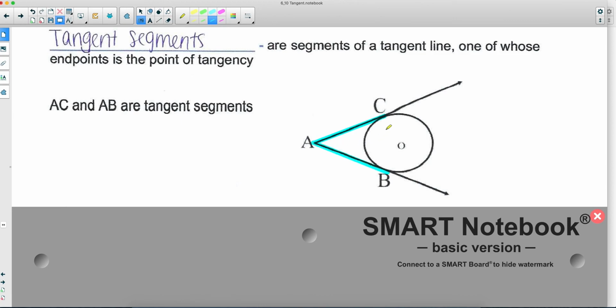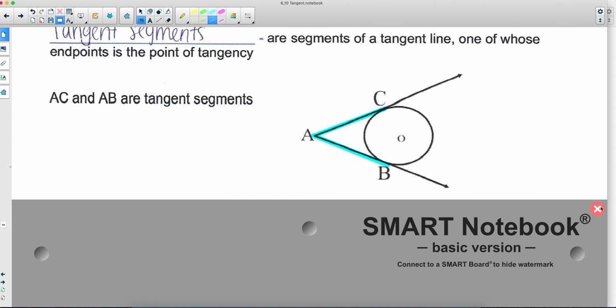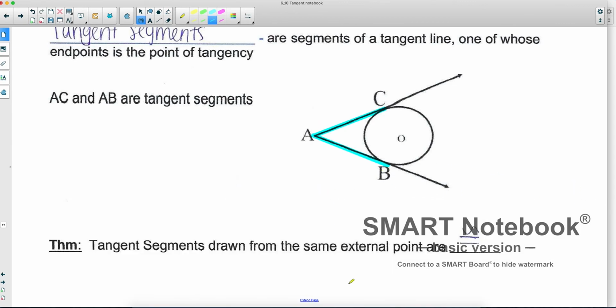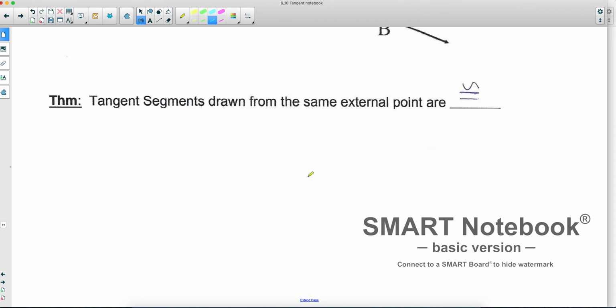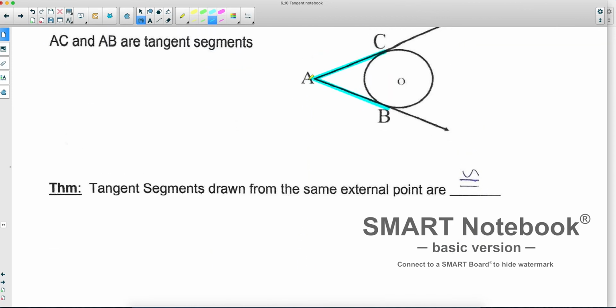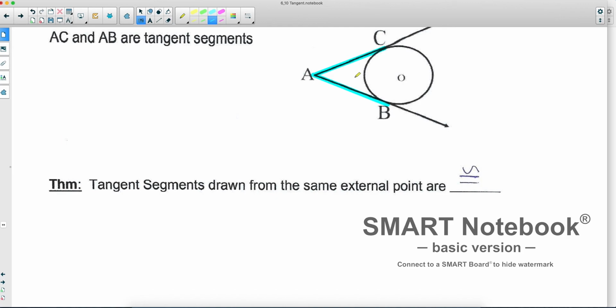Do you notice anything about AC and AB? They both share A as the external point, and they're both tangent to the same circle. When that happens, there's a really cool theorem: any tangent segments drawn from the same external point are always congruent and equal.